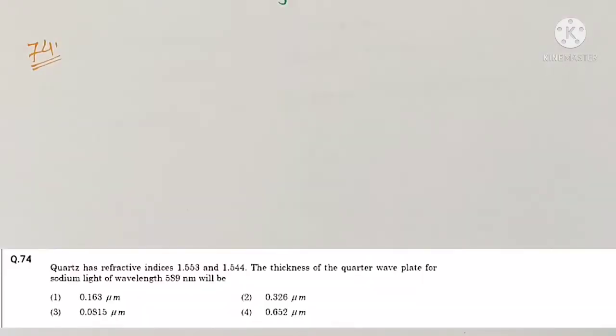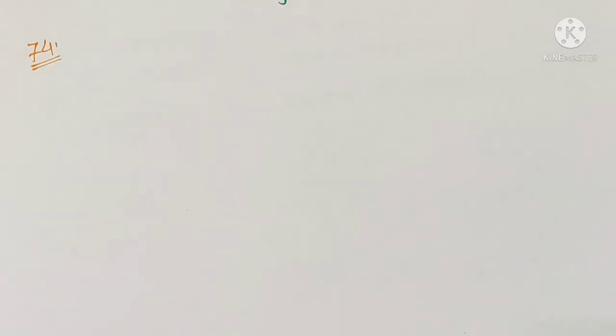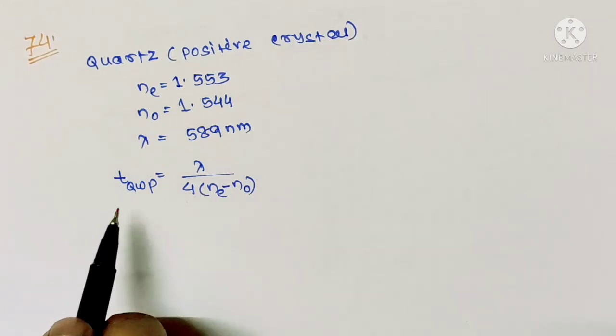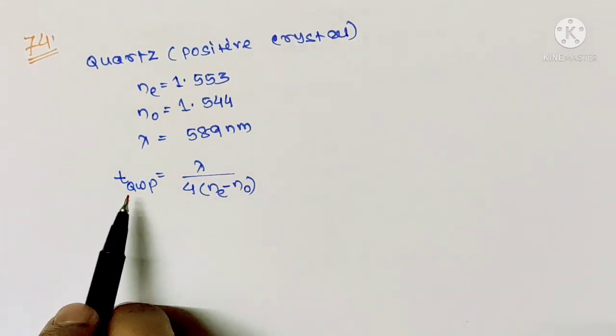Question number 74. Quartz has refractive indices 1.553 and 1.544. The thickness of the quarter wave plate for sodium light of wavelength 589 nanometer will be? A quartz crystal is given, and we have to find its thickness for a quarter wave plate.